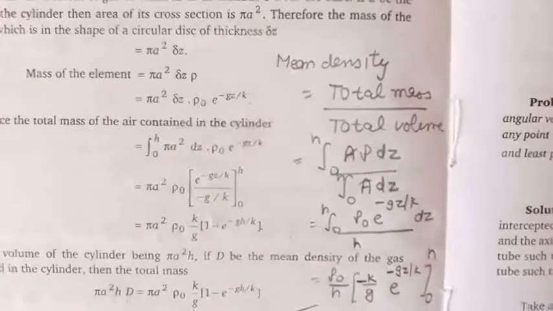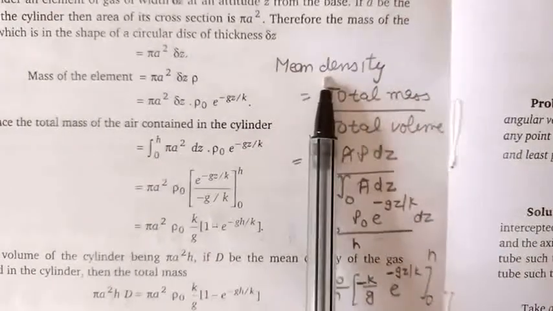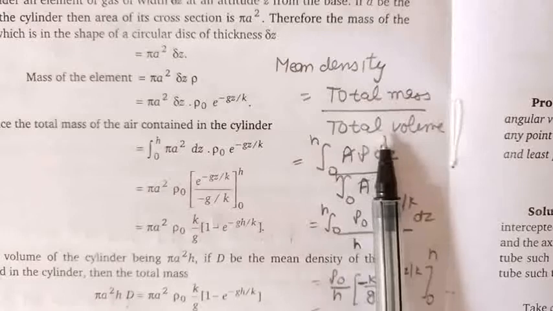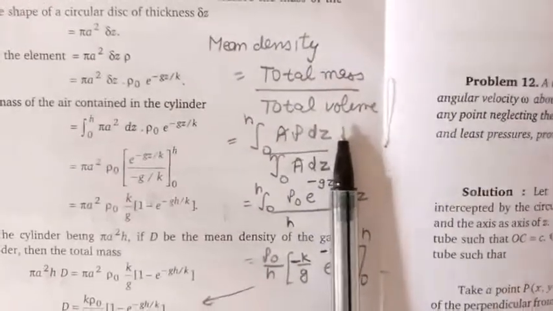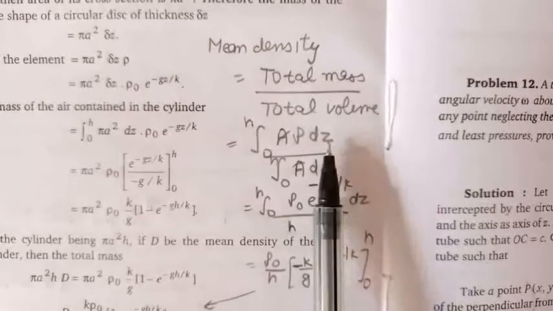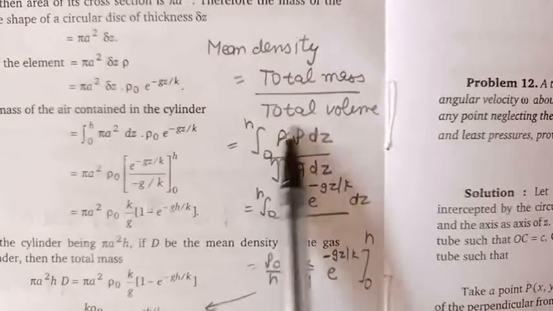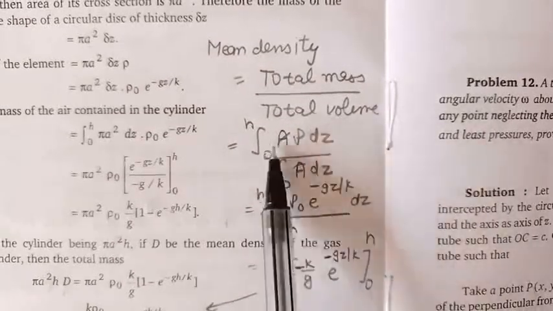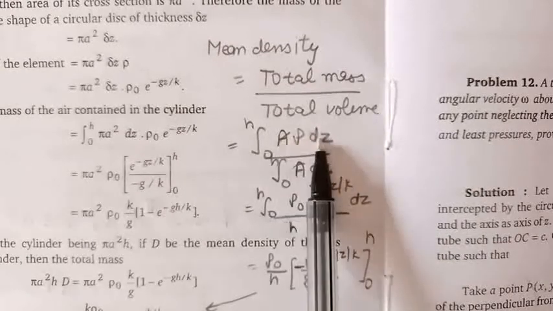The formula for mean density is given by total mass upon total volume. Total mass, if we find the mass of an element from the cylinder, is given by A into rho into dz.